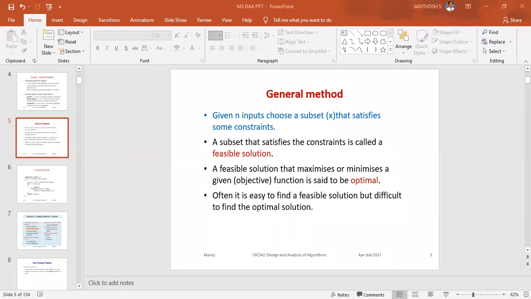If n inputs are there, how many subsets do you have? 9. How 9 subsets? How many subsets are there? Can you tell? 2 power n. Okay, good.